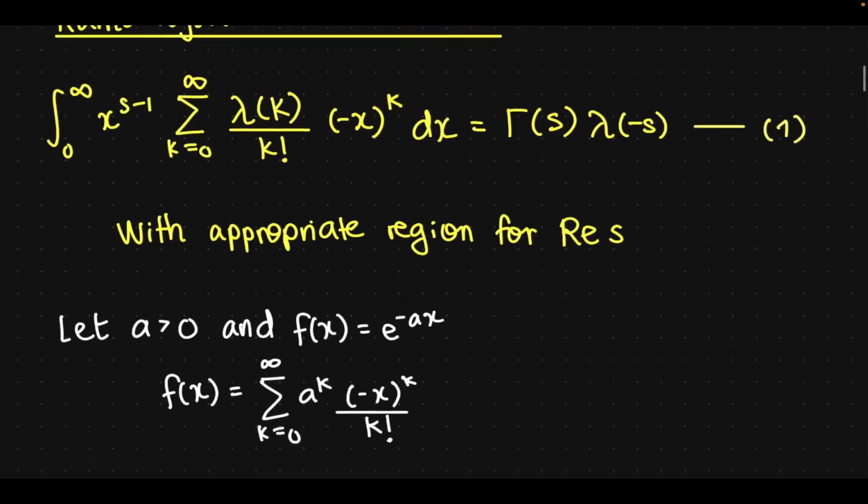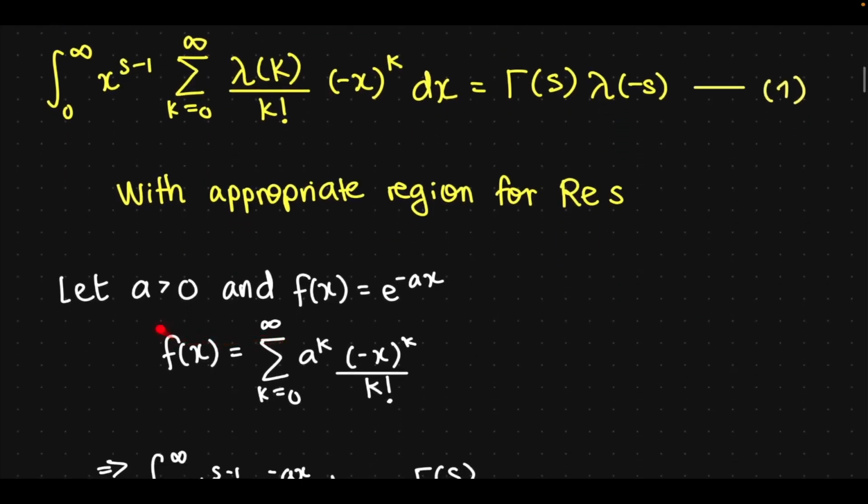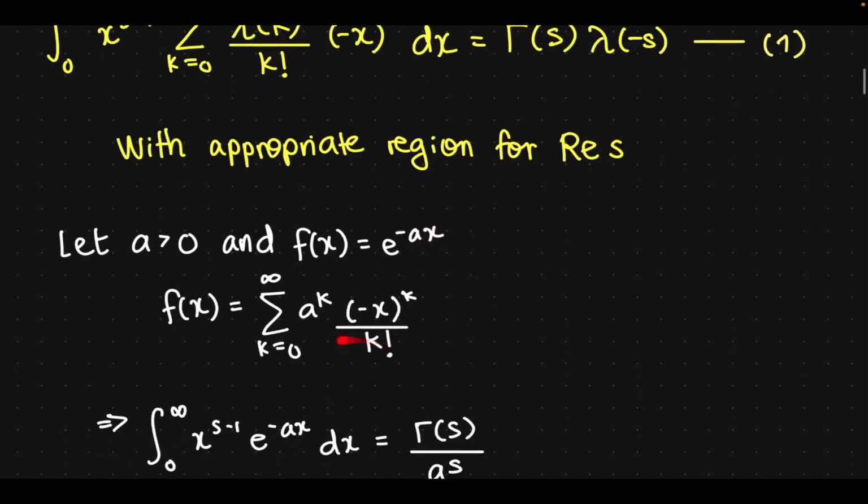These are well-known results. So the first case is, let's take a greater than 0, and then f of x is e to the minus ax, which we can easily write as the simplest Taylor series expansion that you learn about in calculus class. So f of x is the sum from k equals 0 to infinity of a to the k times minus x to the k over k factorial.